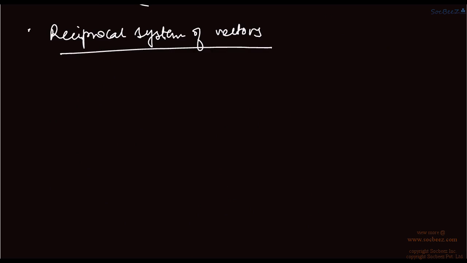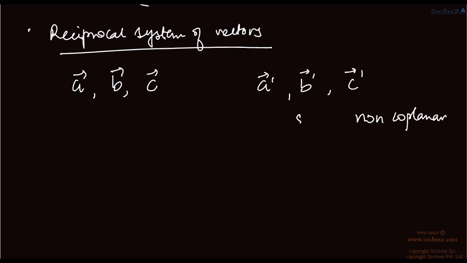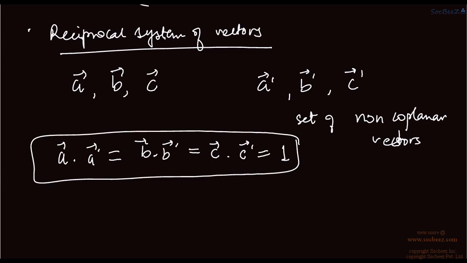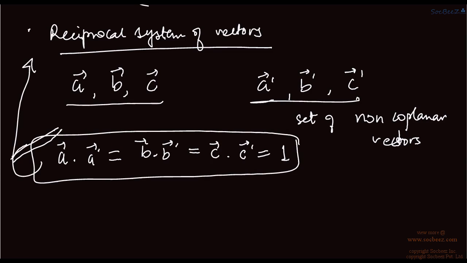This tells us that if A, B and C are three vectors and A dash, B dash and C dash are three vectors, both sets of non-coplanar vectors, and if you are given the condition that A dot A dash equals B dot B dash equals C dot C dash equals 1, then the two systems are called the reciprocal system of vectors. These three and these three vectors.